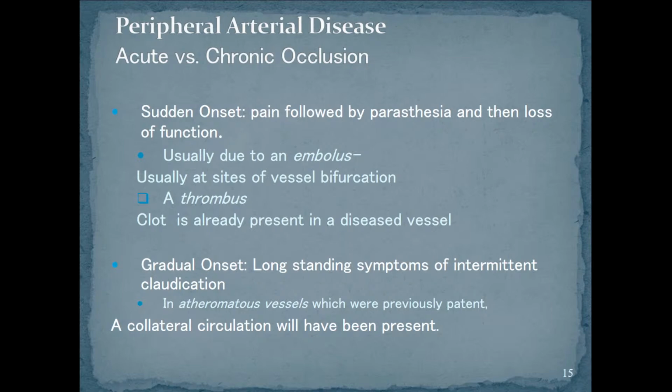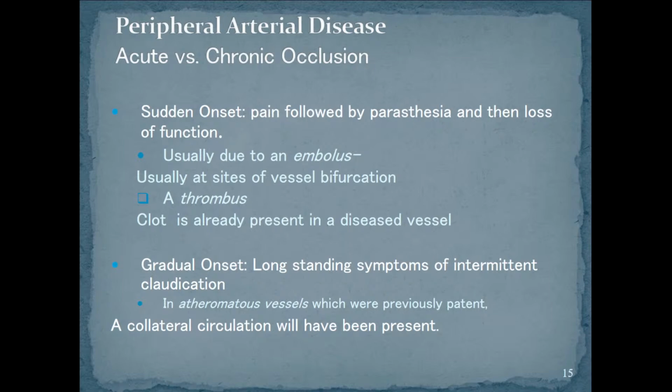For chronic occlusion, gradual onset will be actual. It will be long-standing symptoms of intermittent claudication in atheromatous vessels which were previously present.